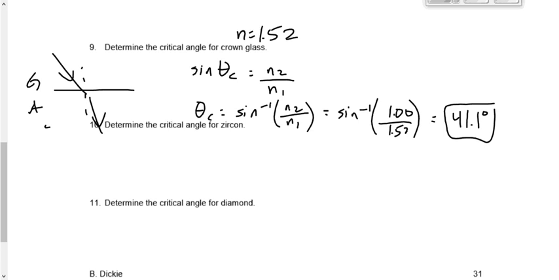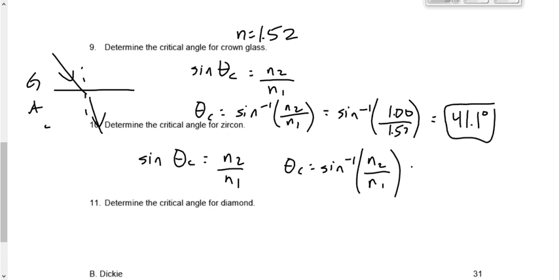Now, we'll do the same thing for question number 10 and question number 11, but we'll go through all three of them just because I want to demonstrate something with regard to the answers here. Sine theta c is equal to n2 over n1 again. Theta c is equal to the inverse sine of n2 over n1. Zircon has an index of refraction of 1.92.